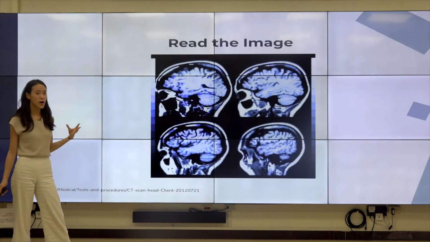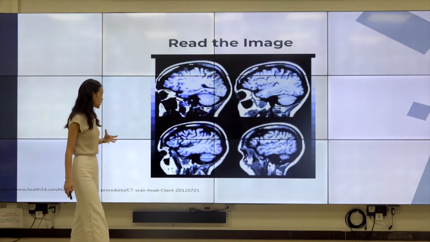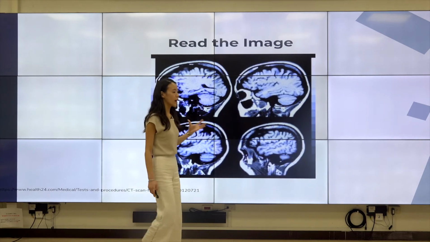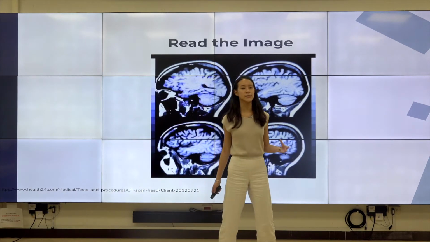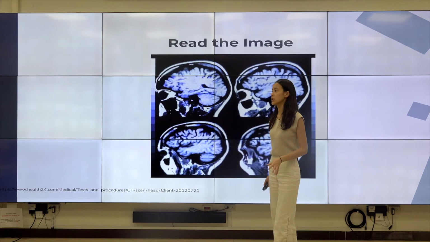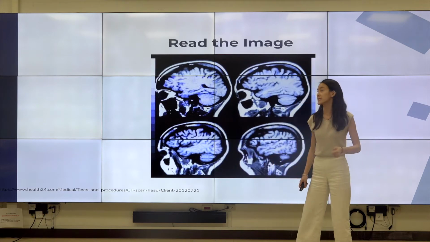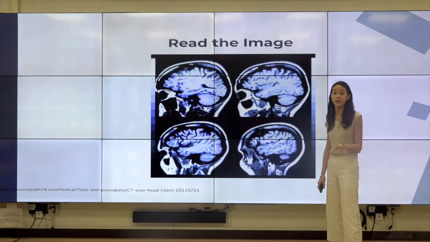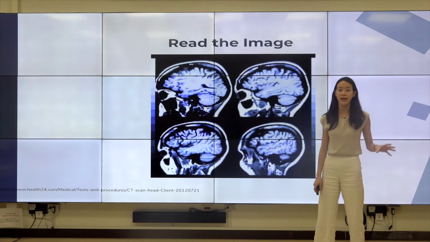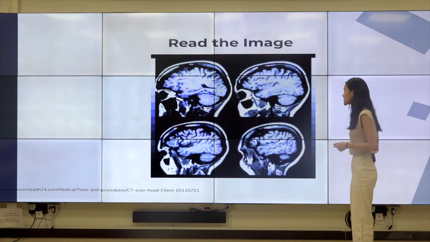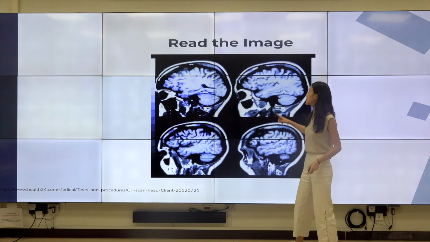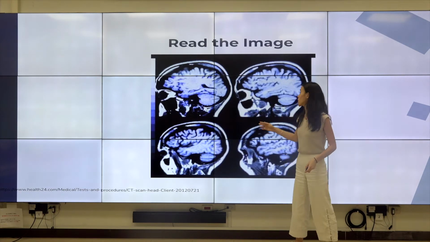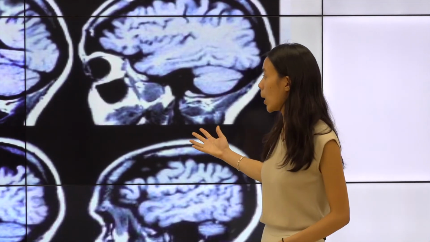So how does the computer read the image? One thing to note is that while we're looking at these images, it is very simple, as I explained before, for the human eye or the human brain to see these images and immediately see the features that we have been trained to recognize. So in this case, for example, we would see this as the eye, or this is the brain, and this is the skull, and this as potentially the nose.